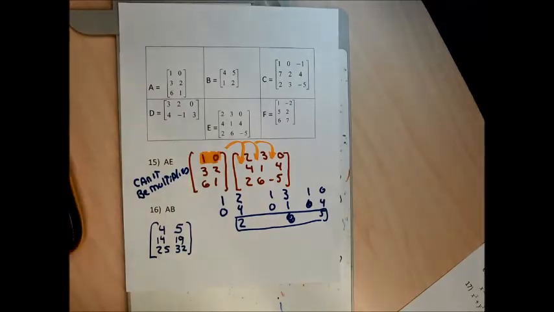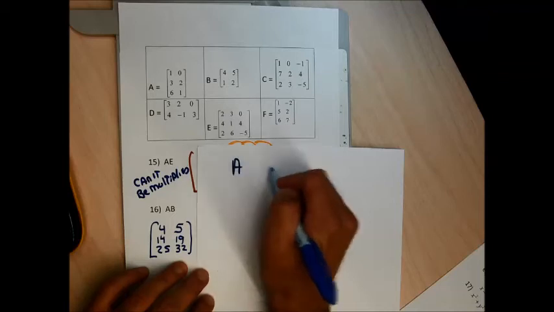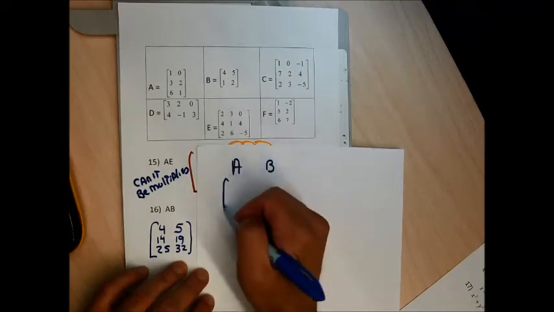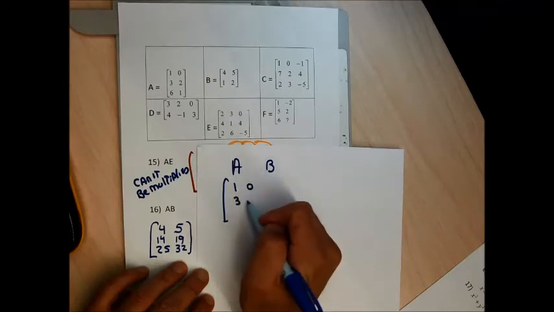I'll show you quickly how to do it by hand, although it's not going to be so quick. So to do problem 16, to do A times B, I have to write the A matrix first and the B matrix second. The A matrix is 1, 0, 3, 2, 6, 1.